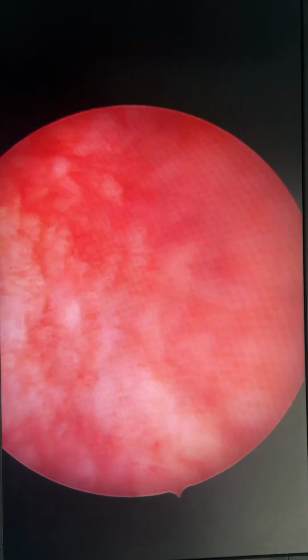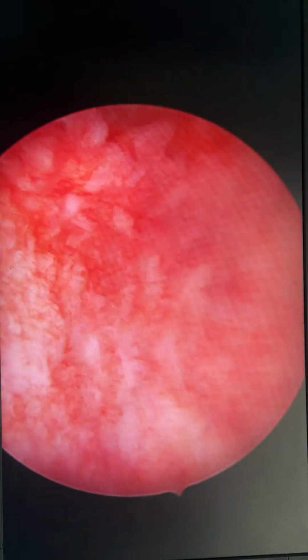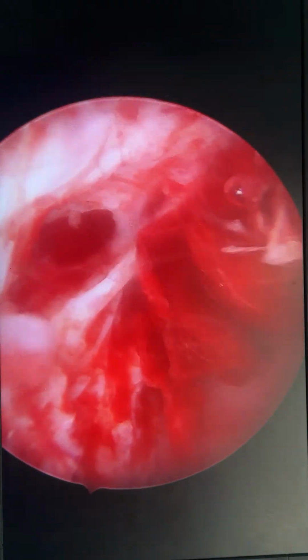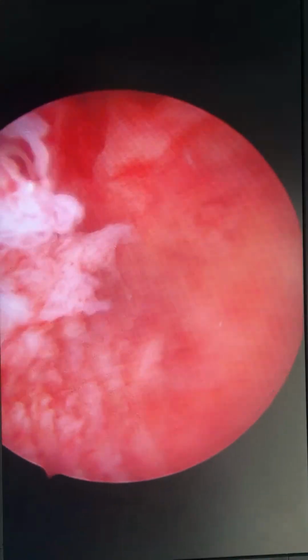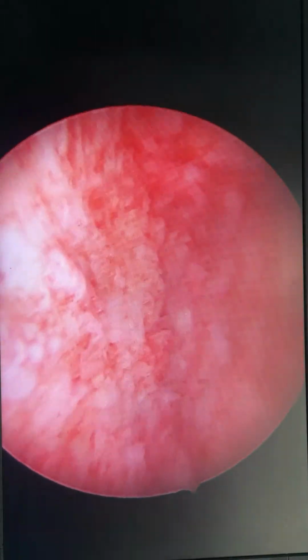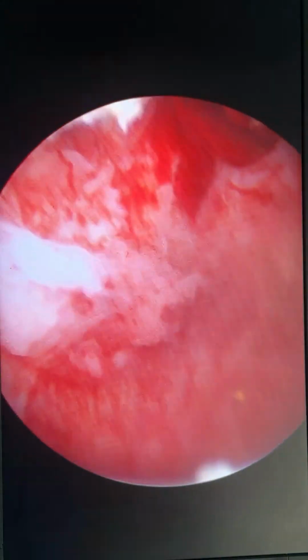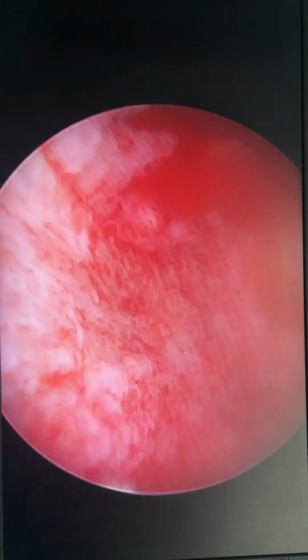Yeah, I'll focus it a little more. Just open it.